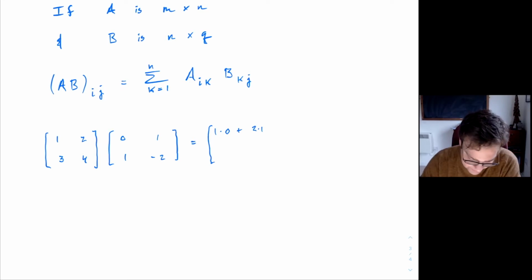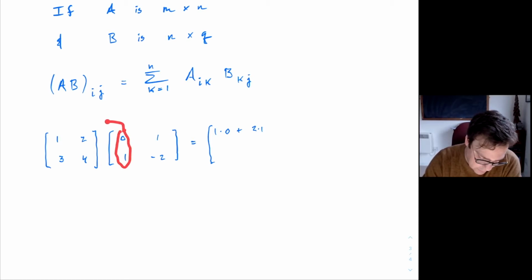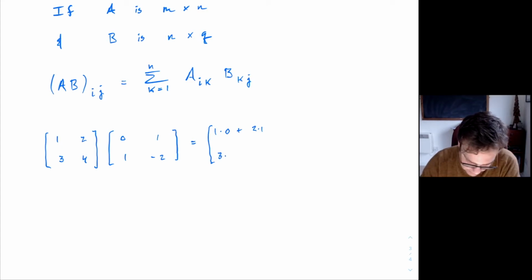Okay, for the next one, I'm going to use my head method now. I take this column again, move it here, make it sideways, but now I merge it with the second row. What I get is 3 times 0 plus 4 times 1.